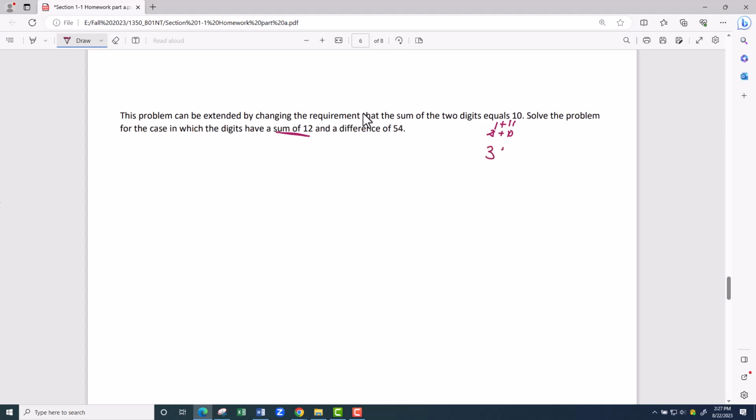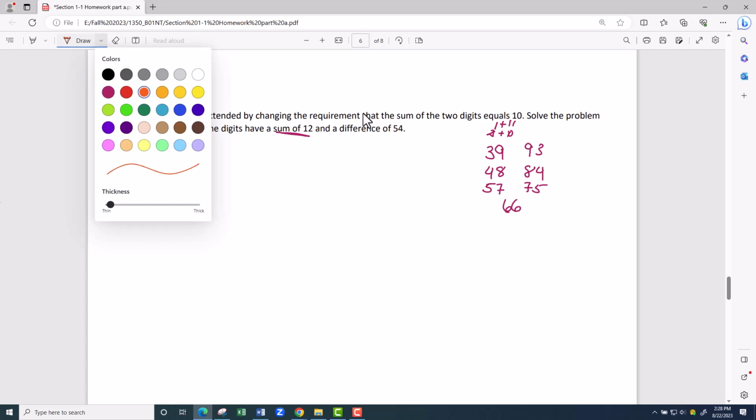But we can include 3 and 9, 4 and 8, 5 and 7, 6 and 6. So that would be 39 and 93, 48 and 84, 57 and 75, and then 66.